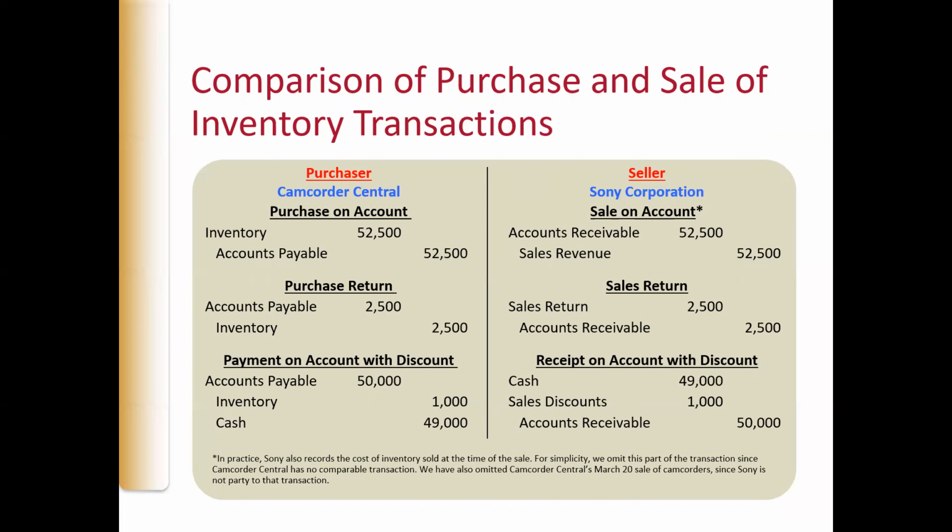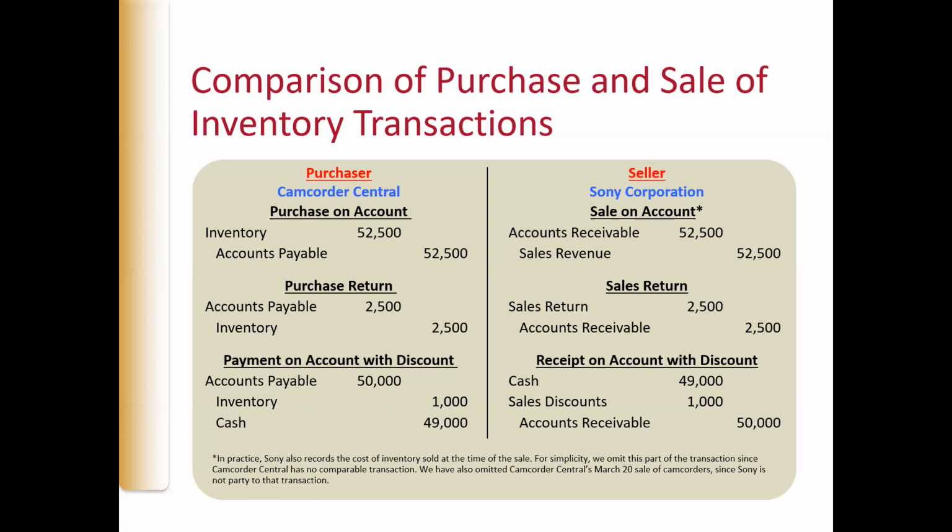The seller debits accounts receivable and credits sales revenue. Now, if the buyer returns some products, then their accounts payable is decreased and their inventory also is decreased. They just reduced their inventory, but the seller side wants to keep track of any returns that happen. So they debit sales returns and credit their receivable.